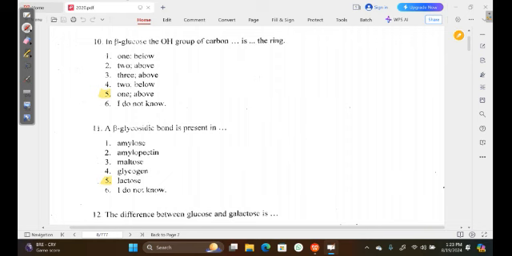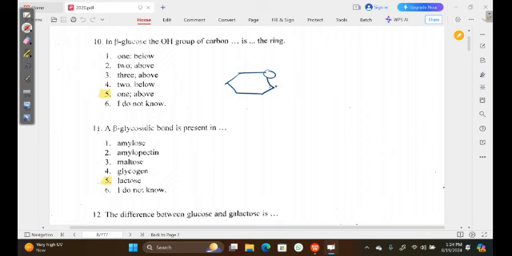In this case, we're talking about the ring forms of glucose. So when we look at the ring form of glucose, what do we have? We have this structure, right? Yeah, we have something like this.